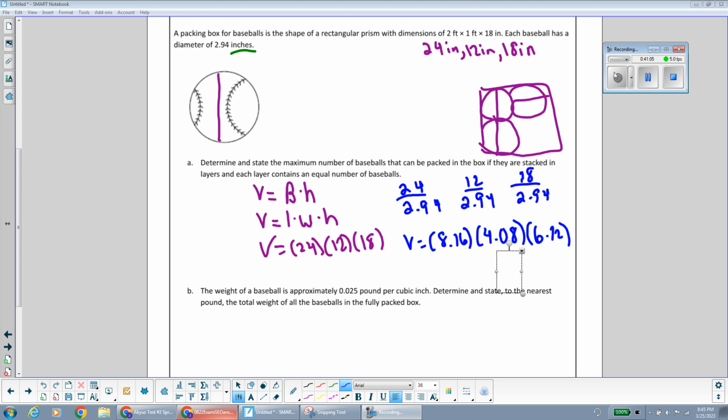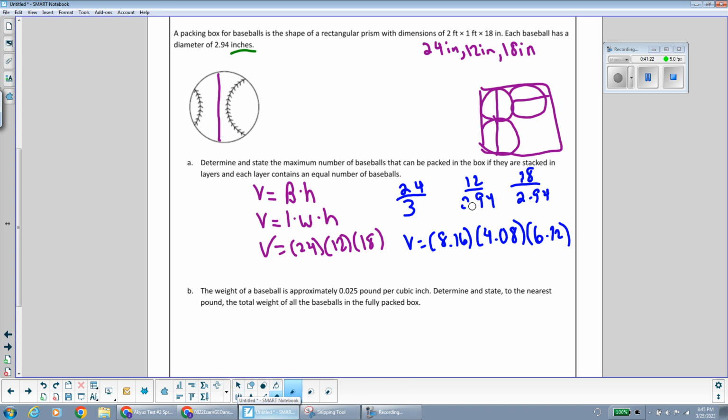Oops, my bad. So we need to figure out the number of whole baseballs. So even though the diameter of the baseball is 2.94 inches, let's use 3 because we're talking about whole baseballs.